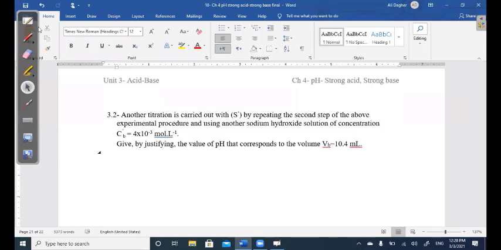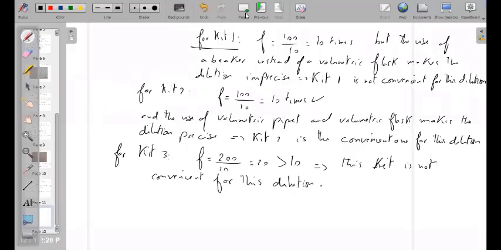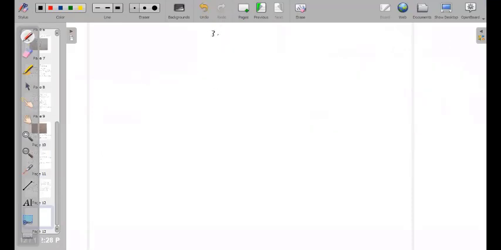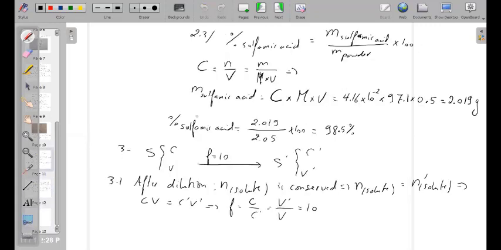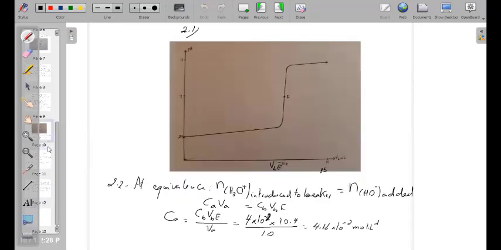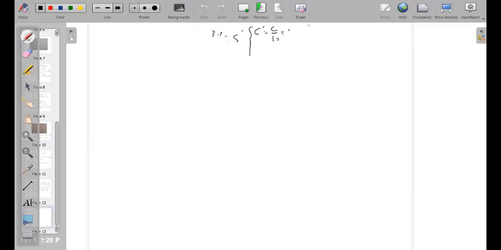Now, on part 3.2, we titrate the solution S' of concentration C' equals C over 10. That means, what is the concentration of the solution S? It equals 4.16 10 negative 2. Then the concentration of solution S' is 4.16 10 negative 3 mole per liter because we diluted it 10 times.